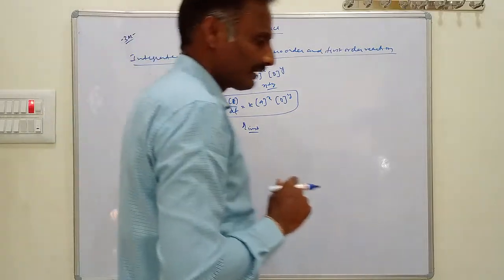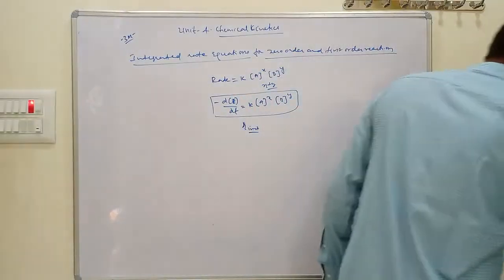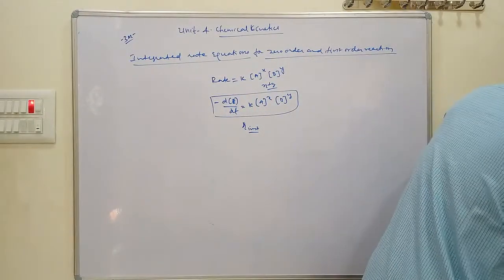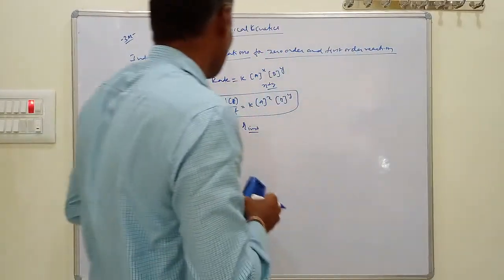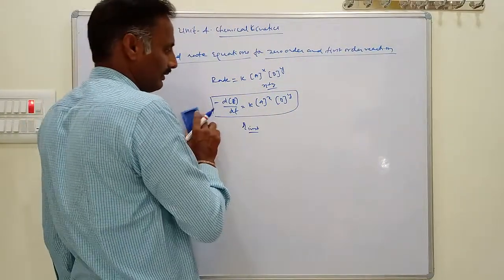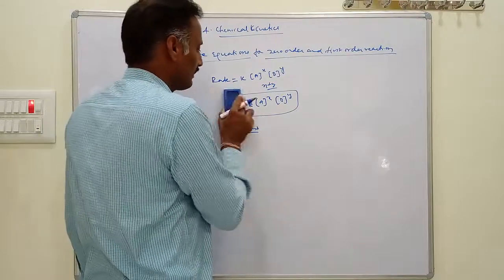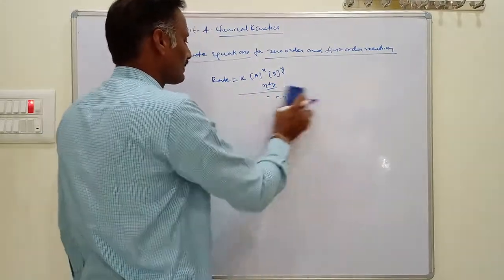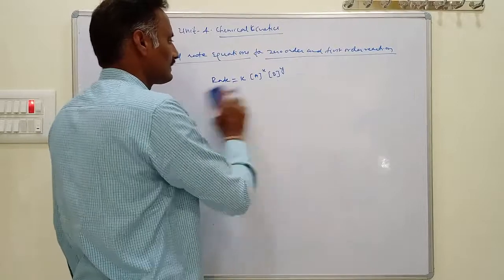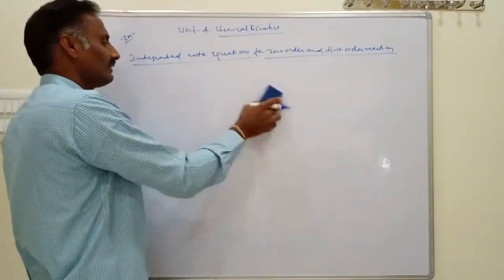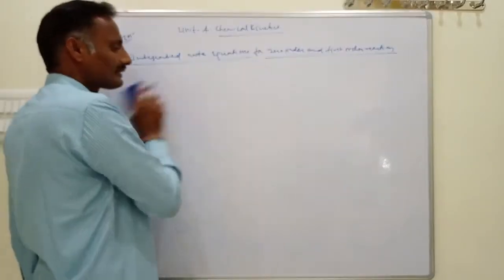That is the importance of integrated rate equations over differential rate equations. A differential rate equation does not give the rate of a reaction at a particular instant of time. By drawing a graph of rate versus concentration or time, it is difficult to find the instantaneous rate using differential rate equations.